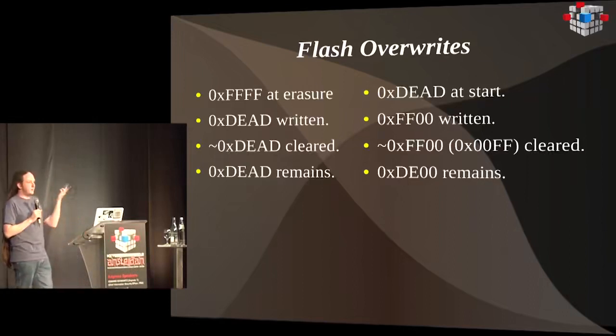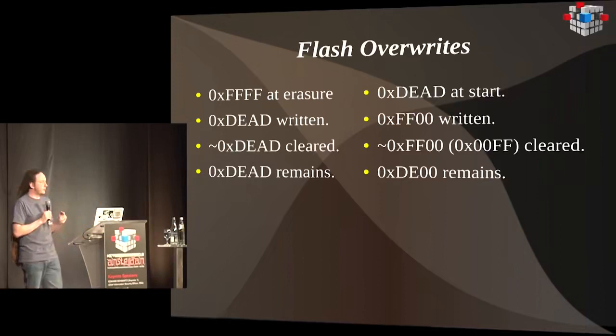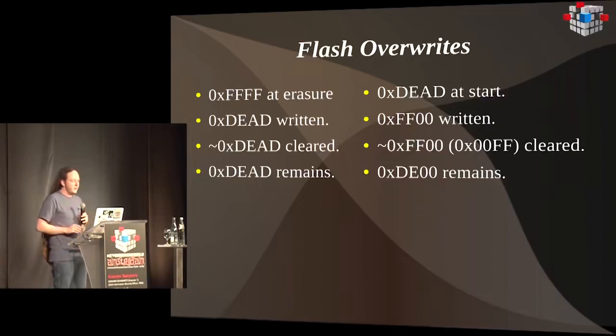So as Flash is overwritten, every bit gets pumped up to a 1, and then you're dropping it to zeros. So if you begin with FFFF, and then you write DEAD on top of it, what it's actually doing is inverting DEAD, and then clearing all of those bits. So what remains is DEAD.